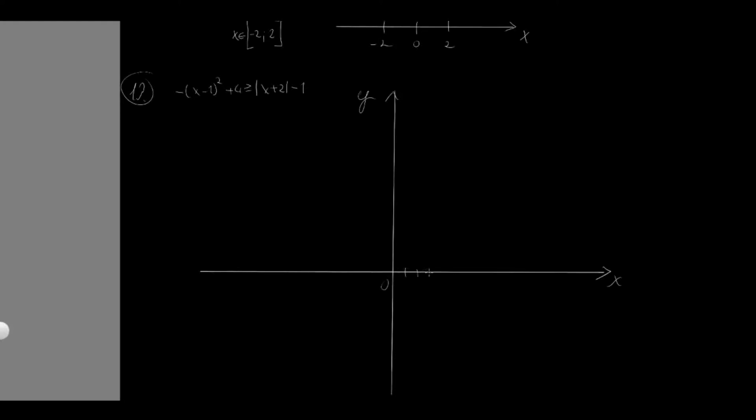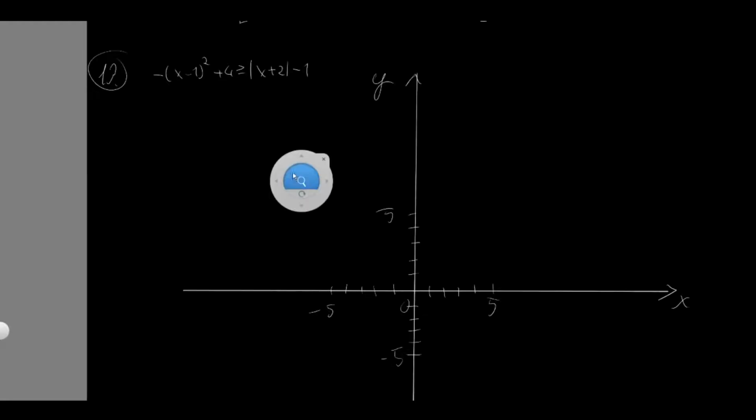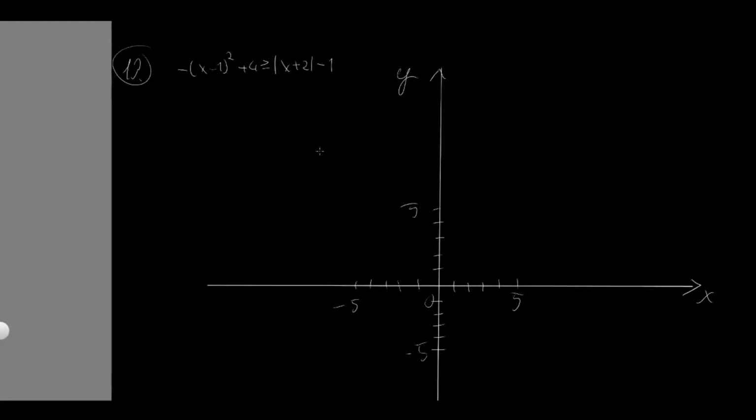This is 0 here. We have numbers up until 5 on each side, on each axis. 1, 2, 3, 4, 5. 1, 2, 3, 4, 5. About just the right distance from each element.